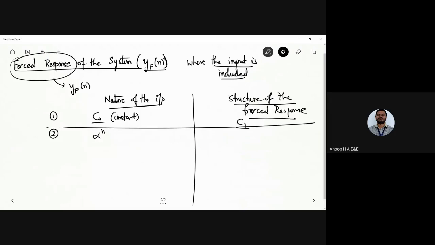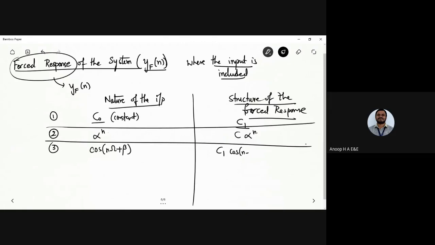I'll note that for alpha power n, the forced response is C times alpha power n. Third one, what I have here is cos of n omega plus beta. So what I have here is C1 cos n omega plus C2 sin n omega. I can write it like this.